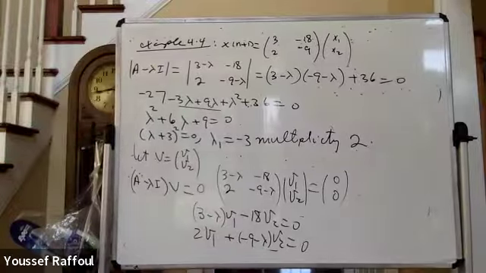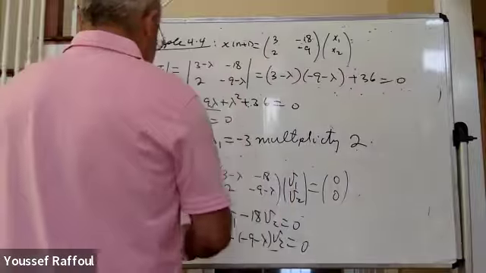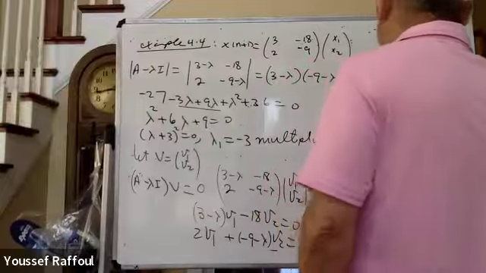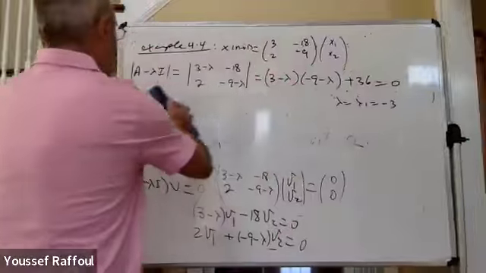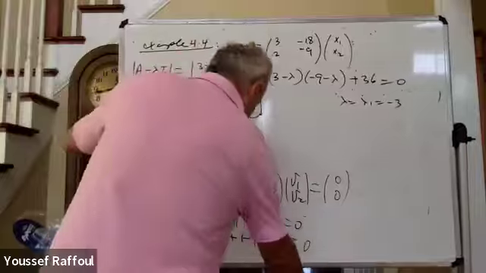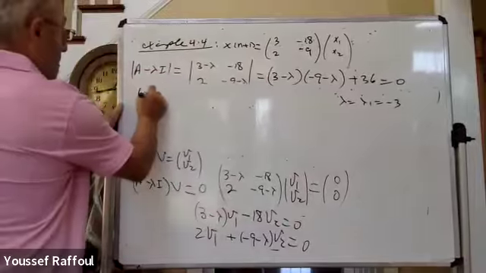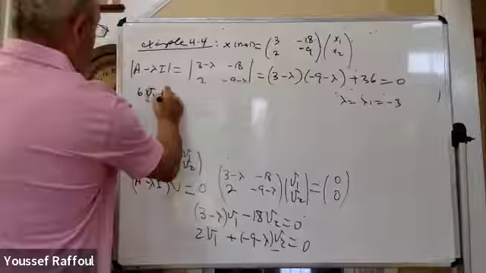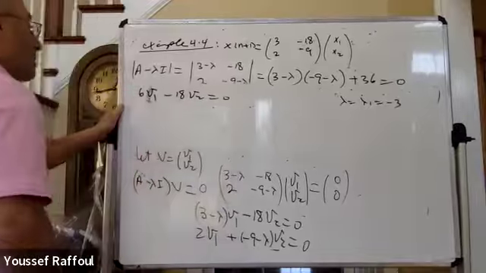Okay? So now, if I take lambda equal lambda 1 equal minus 3, what will I have? So I'm going to have 6 V1 minus 18 V2 equals 0.